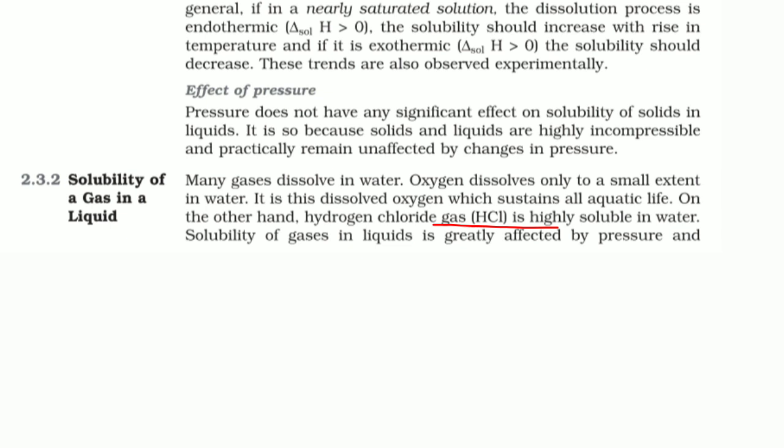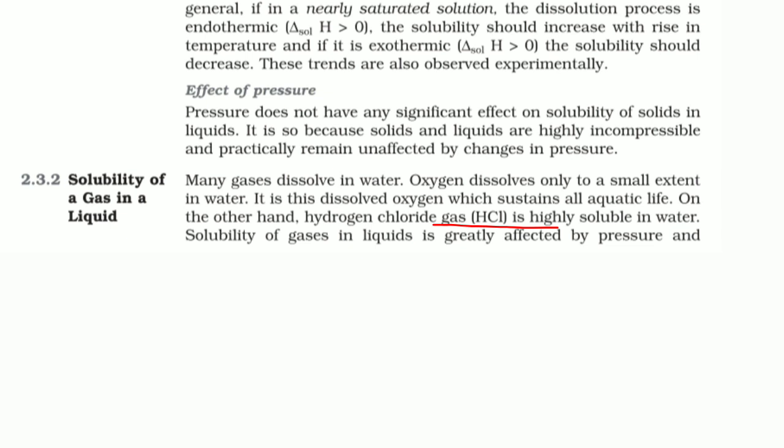So these are two examples. Now, when we are talking about solubility, we already discussed that the solubility of a solid depends upon some factors, like the nature of the solvent, the nature of the solute, and also pressure and temperature. Mainly temperature.